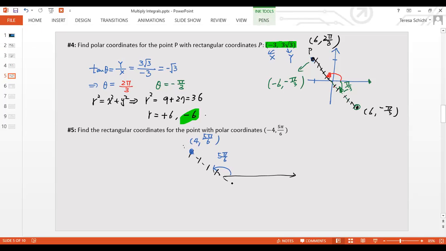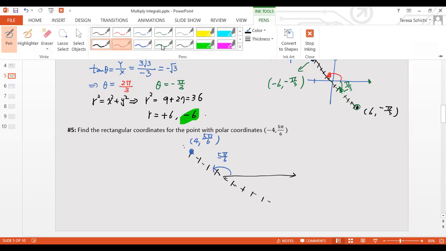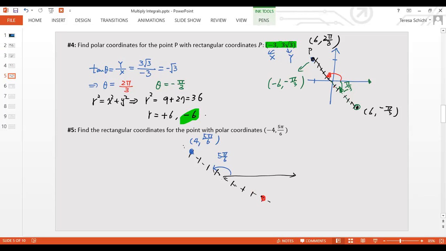That means I'm going to reflect that one back, 1, 2, 3, 4. So I'm going to have a point here. So this point is -4, 5 pi over 6. So this is the point given to us.